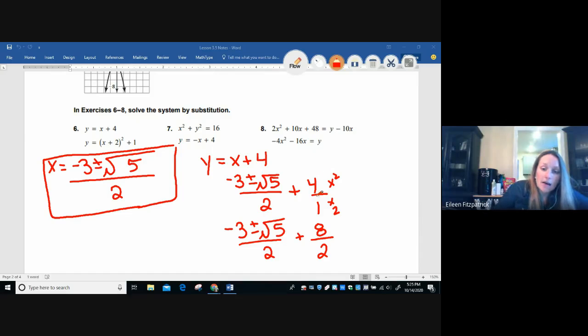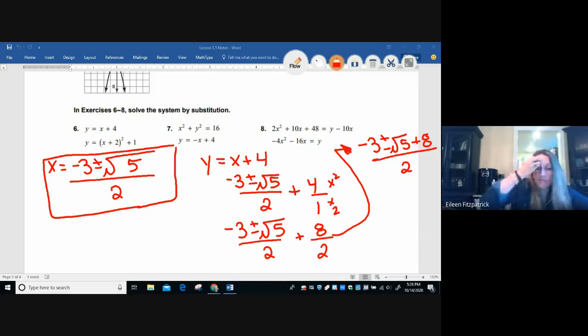All right. Now that I have common denominators, I'm allowed to add my numerators. So I'm going to have (-3 plus or minus root 5 plus 8) all over 2. Well, actually, I'll leave it like that for now. I'm going to combine like terms: -3 plus 8, that's going to give you a 5. So I have (5 plus or minus root 2) over 2.